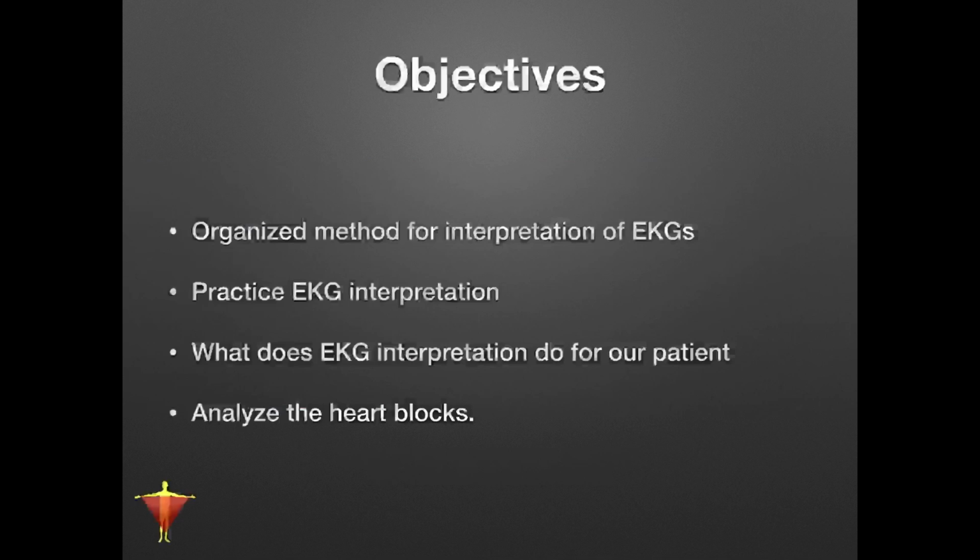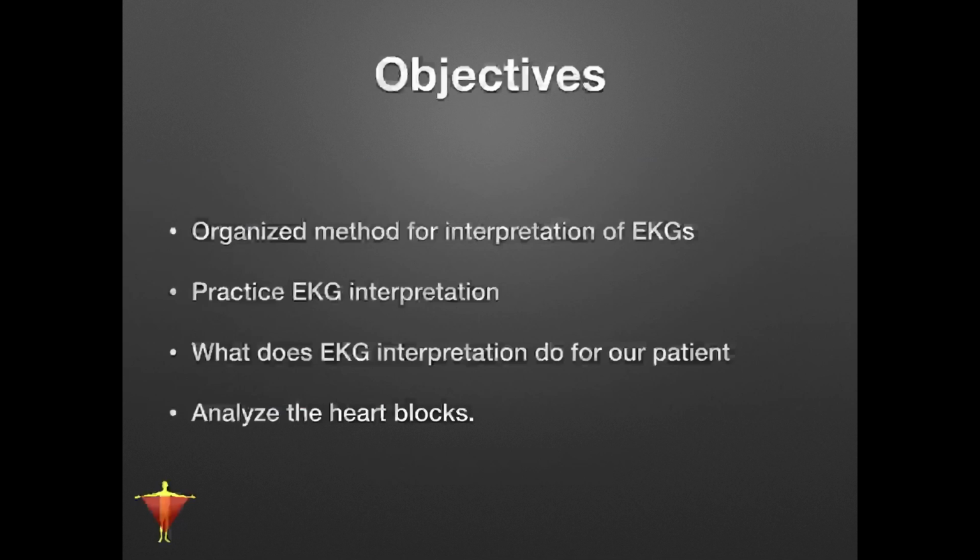So we want to find an organized method to interpret EKGs, whatever that method is for you. Maybe you want to look at it a certain way, or there's just a better way you think of looking at these. That's great. This is just going to be an option for us. We're going to do some practice EKG interpretation again.